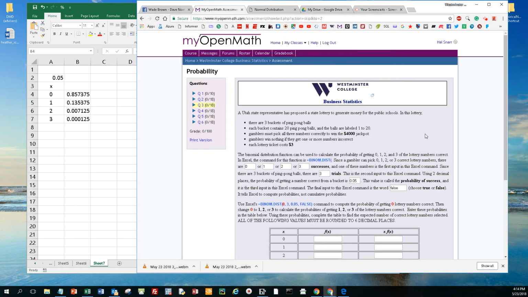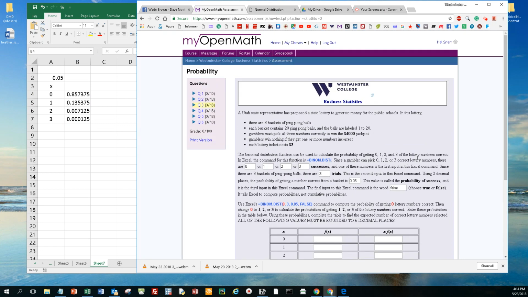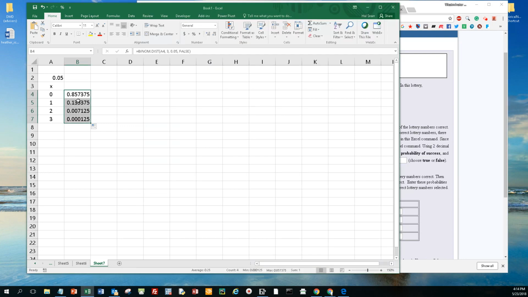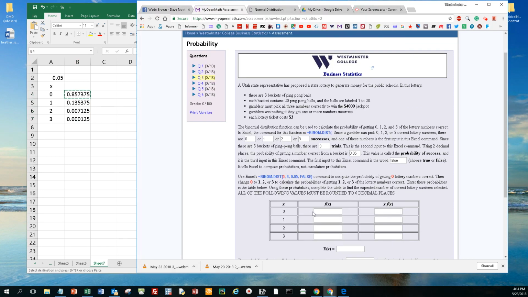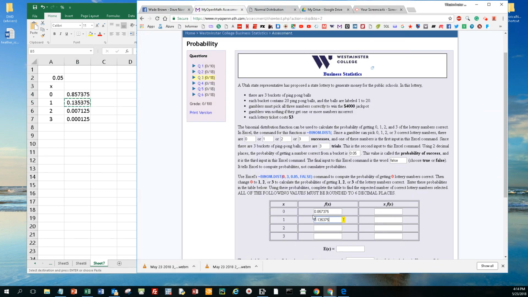And how many decimal places do we need? We need 6 decimal places right there. So we have 6 decimal place accuracy. We're going to copy this into here.